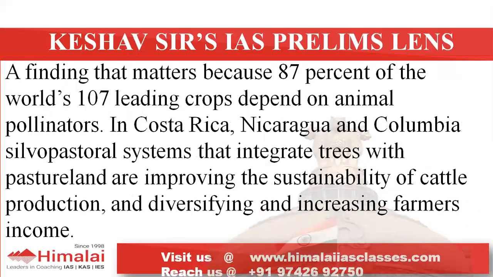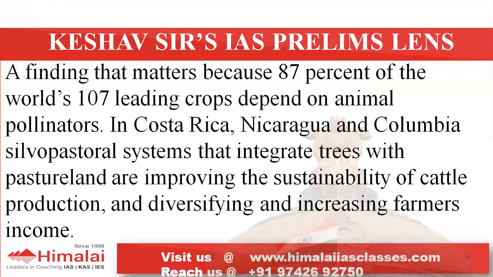A finding that matters, because 87% of the world's 107 leading crops depend on animal pollinators. In Costa Rica, Nicaragua, and Colombia, silvopastoral systems that integrate trees with pasture land are improving the sustainability of cattle production and diversifying and increasing farmers' income.